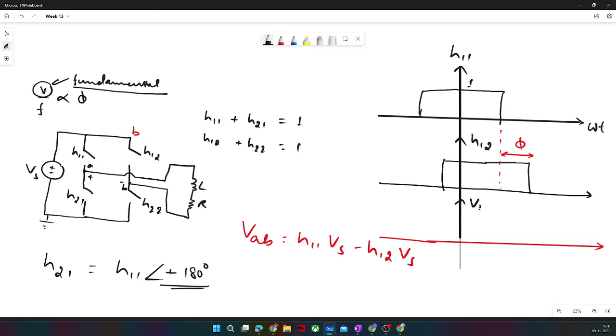So VAB is H11 minus H12 into Vs. So we will subtract. This is the leftover part from the left side, and the negative pulse would go on the right side.